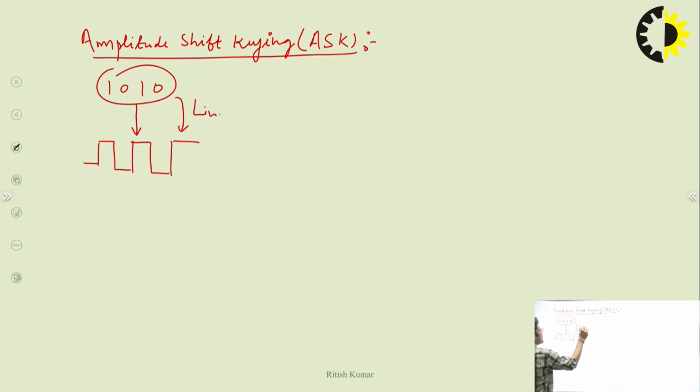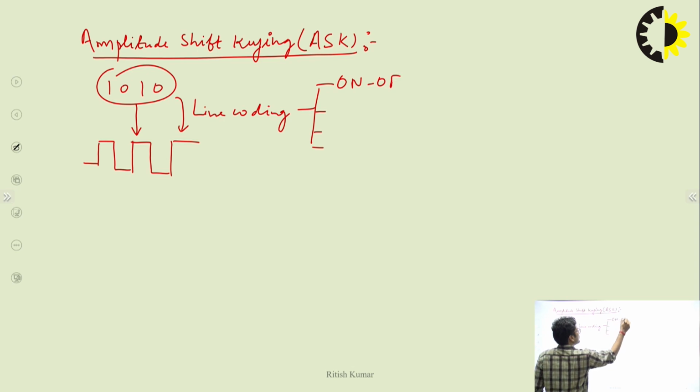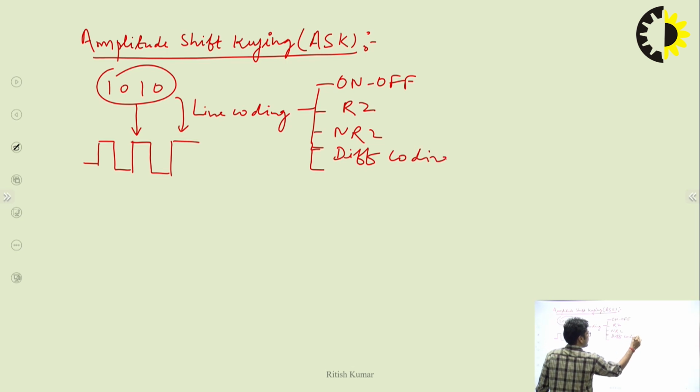line coding techniques. We have different kinds of line coding techniques, such as on-off, return to zero, non-return to zero, differential coding, and the last one is Manchester coding.